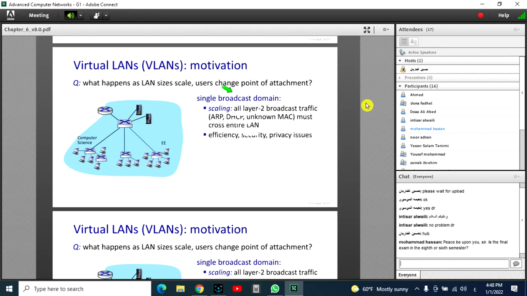So we are looking for small broadcast domains inside the network.